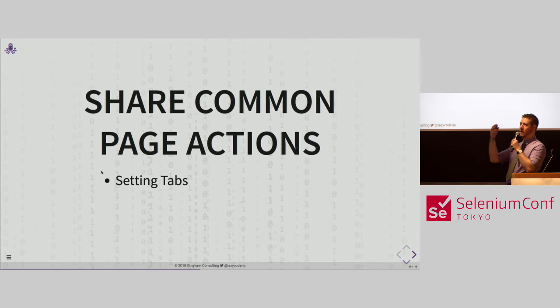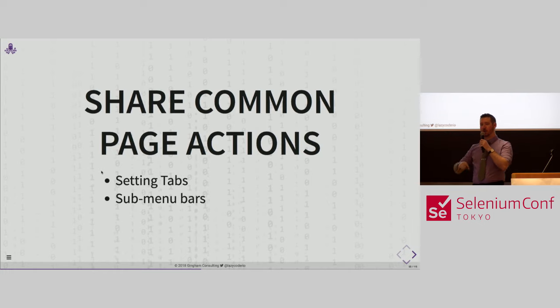One of the most common things that I see are different tabs on setting pages, sub-menu bars when you get to certain areas of the system. There will be like 3 rows of menus. You click this one and then this level changes and then it's a whole nightmare. It's really fun to automate.